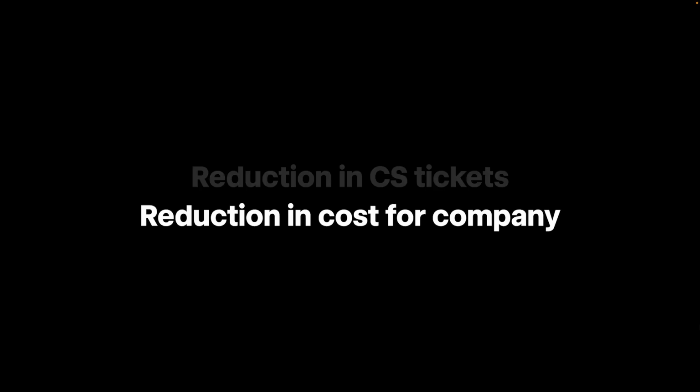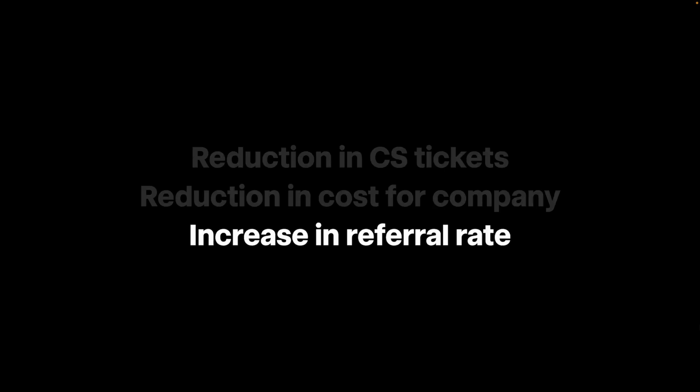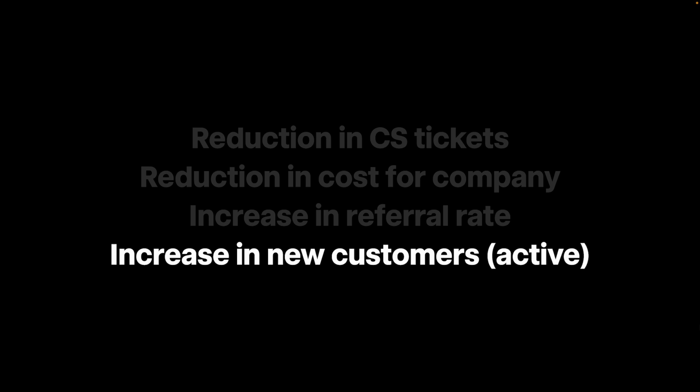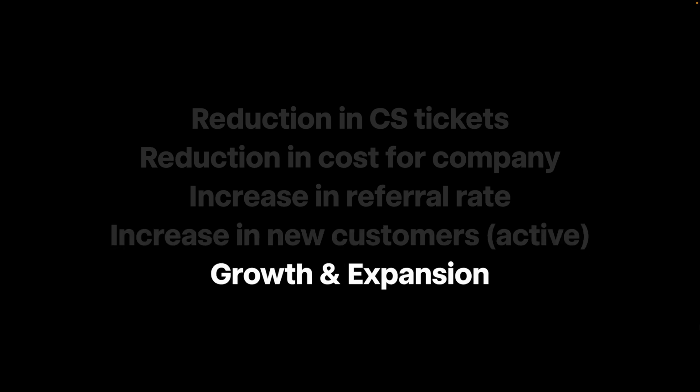Now, this will reduce customer support tickets because people are going to complain, hey, I used my referral code, I referred, but I didn't get my bonus. My friend did not get his bonus. What's happening, right? So this is going to reduce customer support tickets, reduce cost, increase referral rate, increase new customers, and then growth and expansion for the company, right?